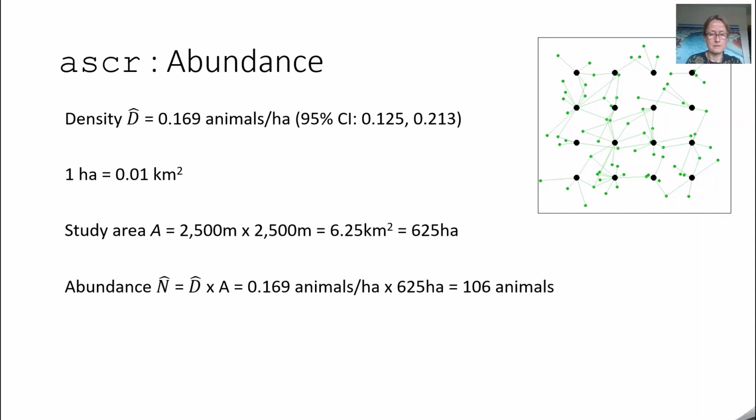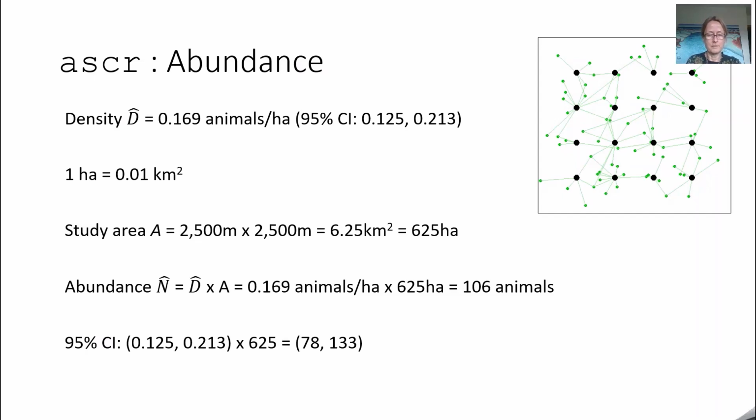And we learned how abundance and density relate to each other in the previous slide. Abundance N is density times the area, so 0.169 animals per hectare times 625 hectares equals 106 animals. We do the same thing with the 95% confidence interval.